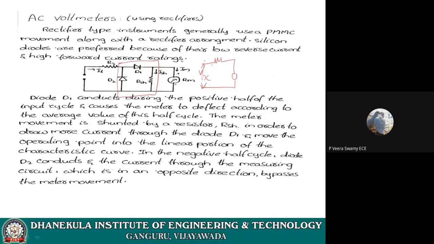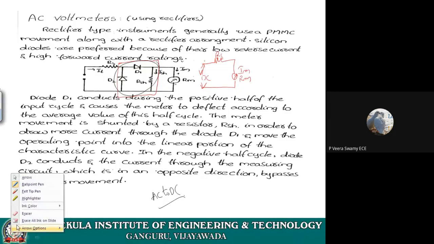Directly here we are applying DC voltage, RS, and this is the D'Arsonval movement meter. Here we have added this particular part, which is to convert AC to DC.